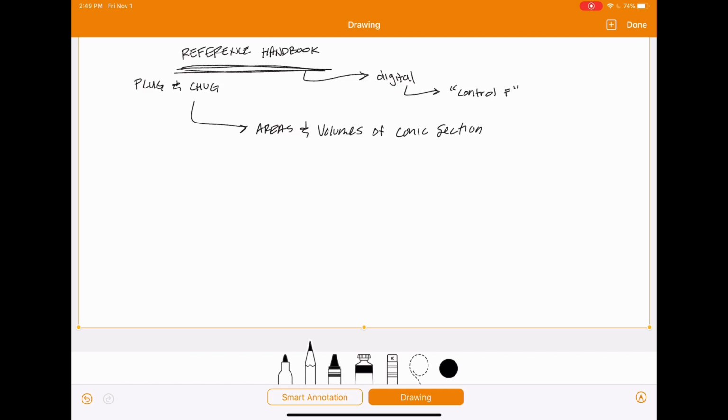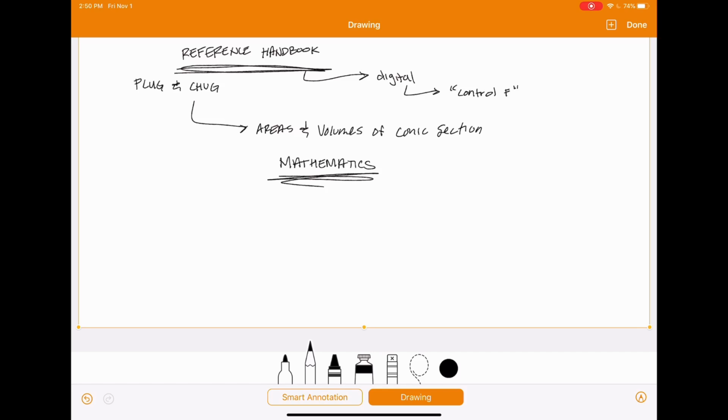So if you need to find the area of a sphere, you could type in Control F and then sphere, and then that would pop up your equation for a sphere. Now, all of these things are found in the mathematics section. But again, just make sure that you'll be able to find stuff in your reference handbook when you get to the test. Be comfortable enough with it. You don't want to be wasting time trying to find something in the reference handbook when you could have done that beforehand, you know?